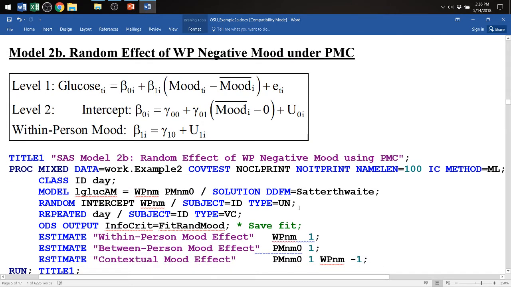So the answer is right in front of you, but if you'd like to impress your colleagues on how smart you are, which of my two effects of negative mood could possibly be random? Within or between?